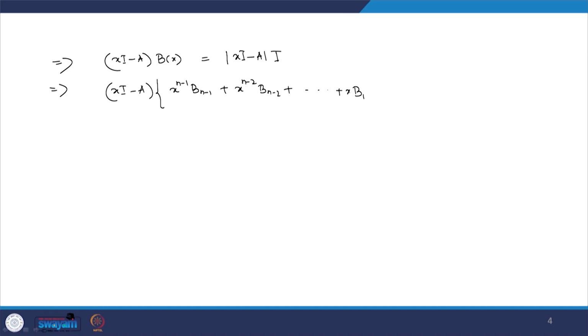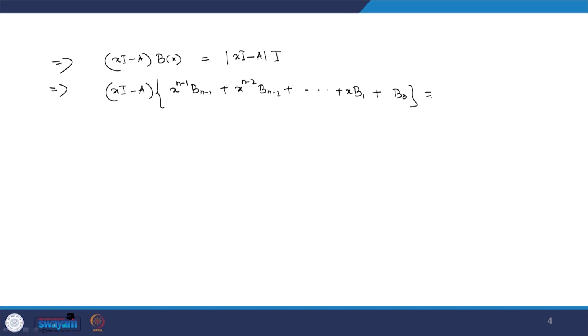So, this implies (xI minus A) into B(x) equal to the determinant of xI minus A into I. So, I will have the matrix xI minus A into B(x), with B(x) equal to x to the power n minus 1 B_{n-1} plus x to the power n minus 2 B_{n-2} plus ... plus x B_1 plus B_0.